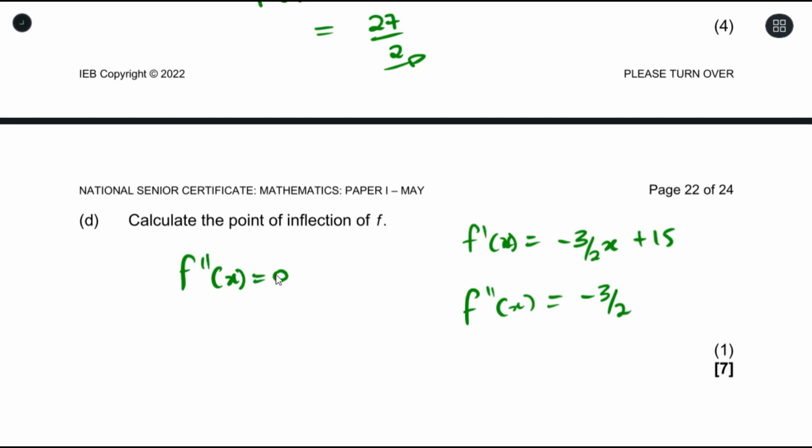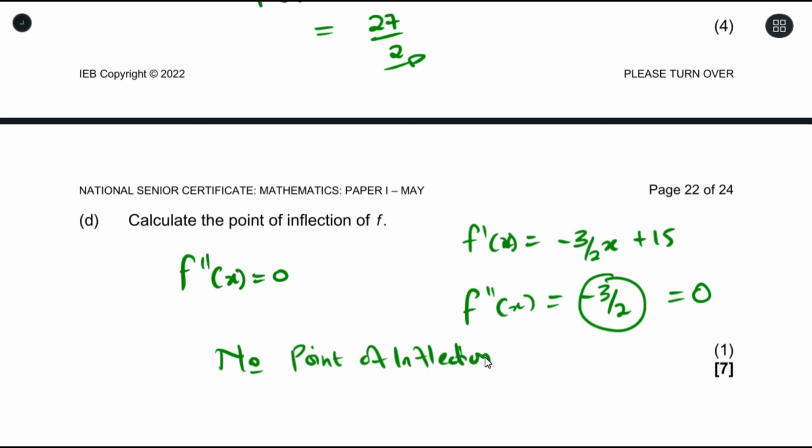Since to get your point of inflection, you need to equate this to 0, and that is not possible, we would actually say there is no point of inflection. Okay, or no solution, or however you want to represent it. There's no answer for this, and that's exactly what they want. That's it.